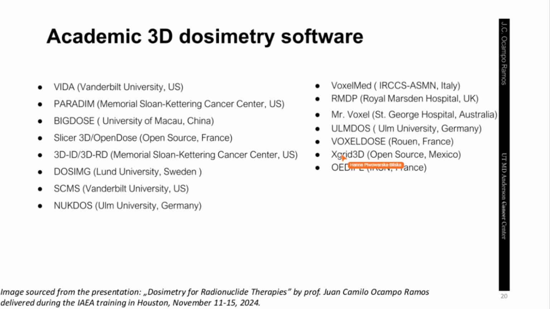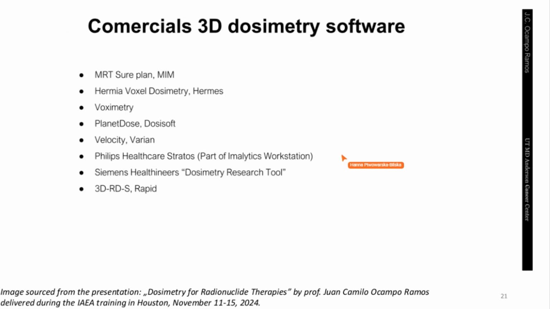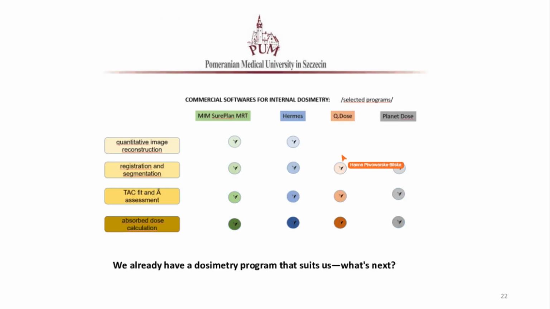The International Atomic Energy Agency also supervises and verifies some academic software. For commercial dosimetry software for internal dosimetry, I recommend Hermia software. This company's specialists assist you with launching this software.